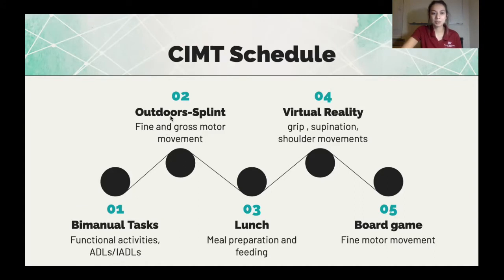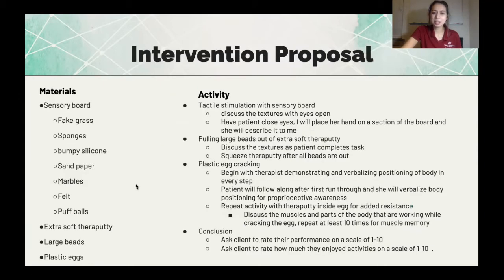We worked on outdoor activities, which targeted fine and gross motor movement; lunch, where she did meal preparation and feeding; virtual reality, where she focused on grip, supination, and shoulder movements; and then board game time, where she focused on fine motor movements.